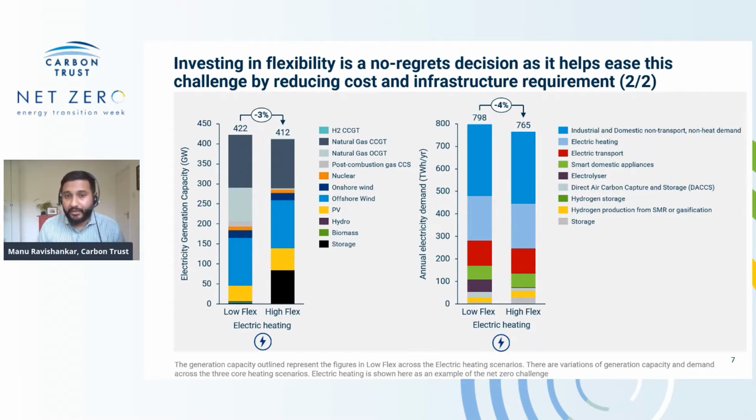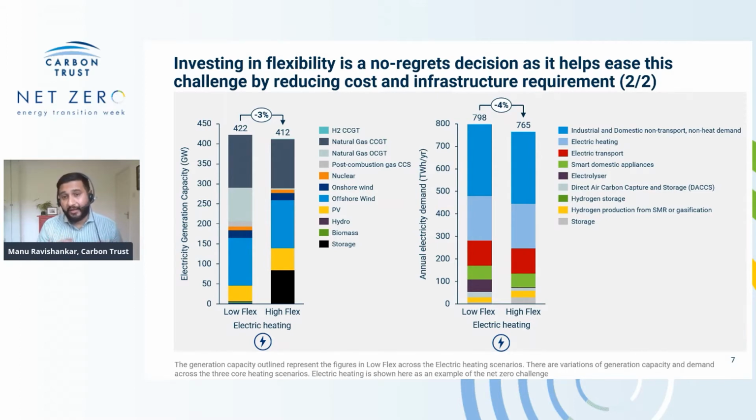Now, it is important to note that the build out of the system is really driven by some key capacity adequacy requirements in the modeling, particularly during a high demand, low supply event in the winter that we have assumed. Now, there is a 72-hour period in the modeling in 2050 where the demand rises to around 230 gigawatts, coincident with outputs from offshore wind and PV dropping to less than 5% of its maximum generation output.